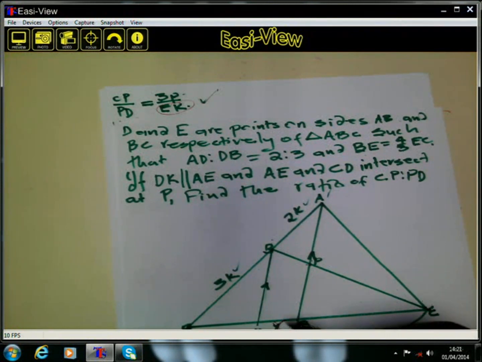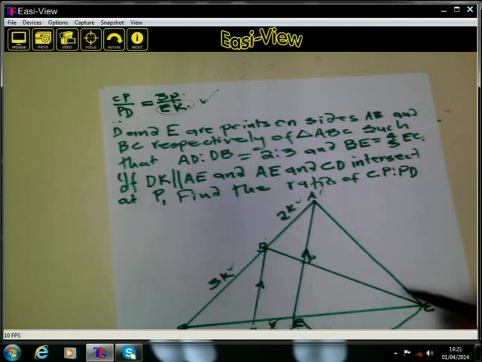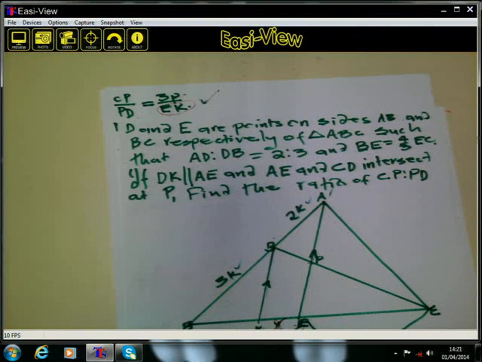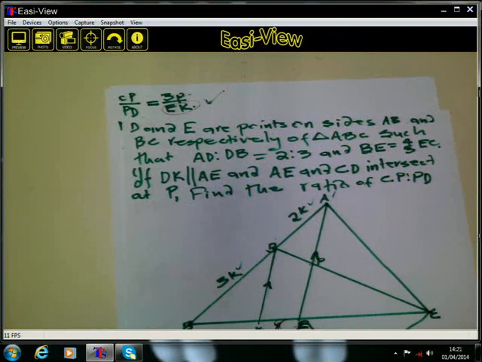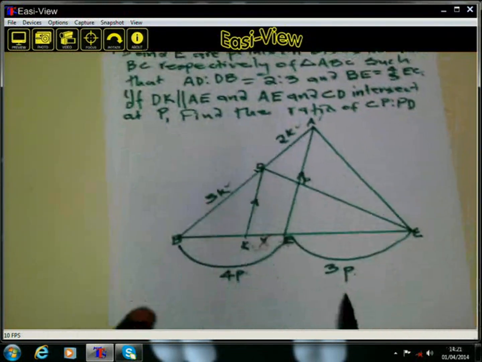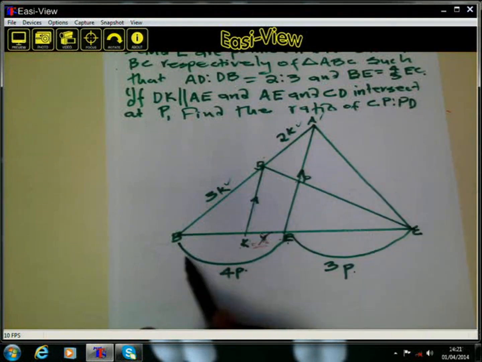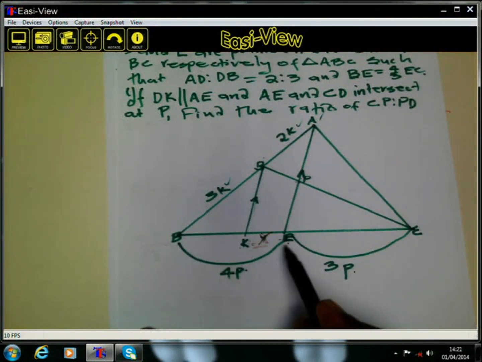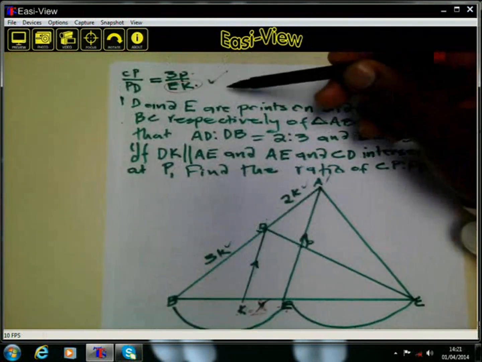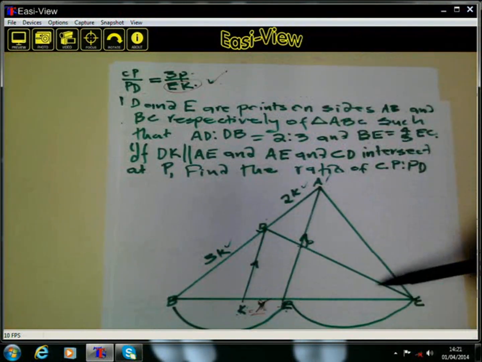So if we could not source out the information about EK from this triangle, we can check what will happen if we source it from triangle ABE. We could not get EK when we used this triangle.